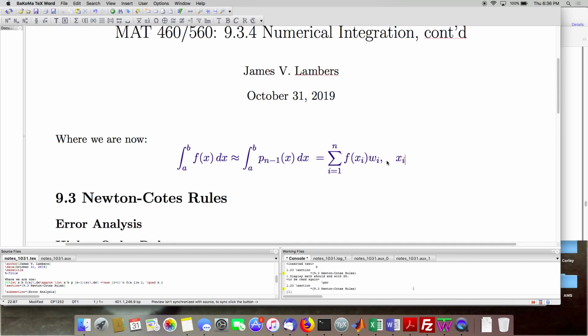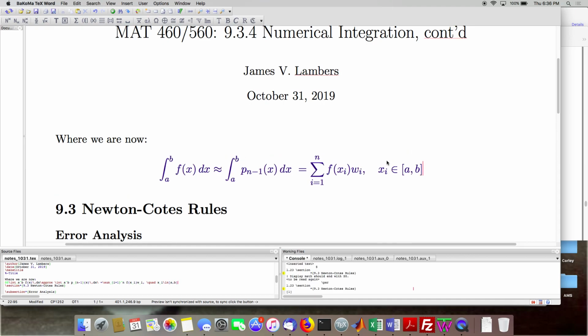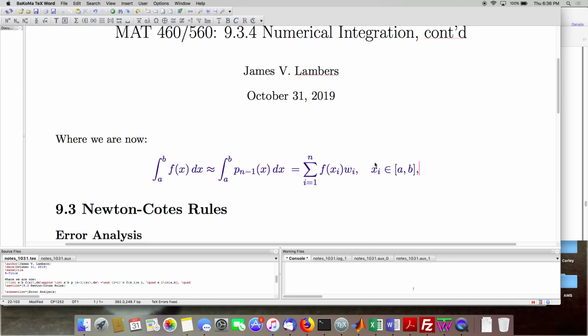Sorry, the nodes. Right now, I haven't said anything about how we choose the nodes. That's really the subject of today. But they're points chosen from the interval [a, b], naturally, since the integral only deals with the values of f between a and b.